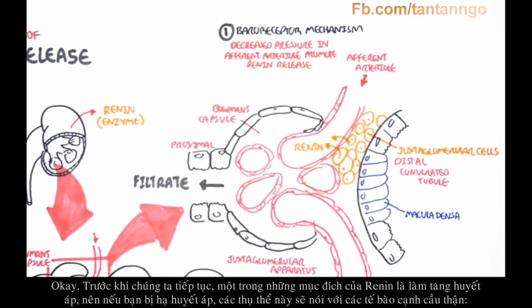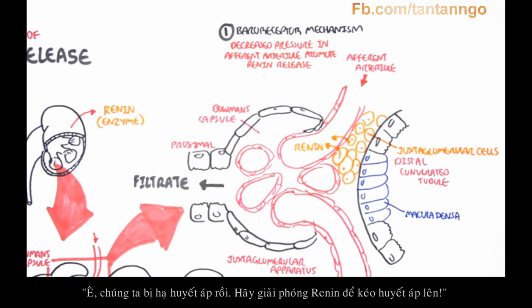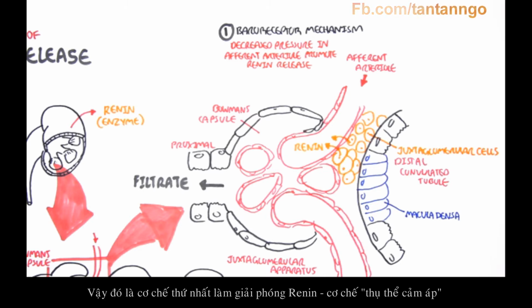Well, the goal of renin is to increase blood pressure. So if you have a decrease in pressure, this tells the juxtaglomerular cells that, hang on, we have decrease in blood pressure. Let us make renin to increase blood pressure. So that is the first mechanism of how renin is released, through the baroreceptor mechanism.